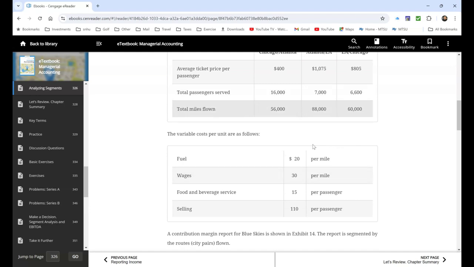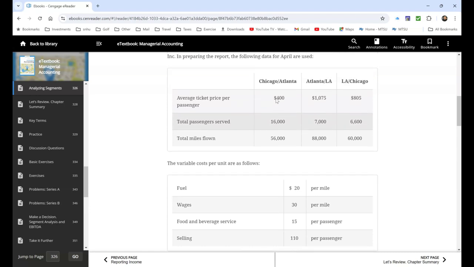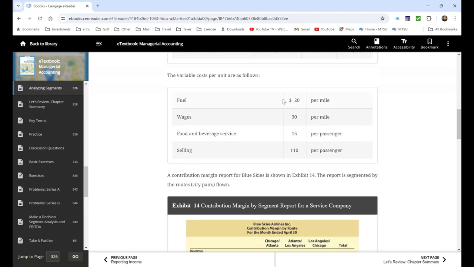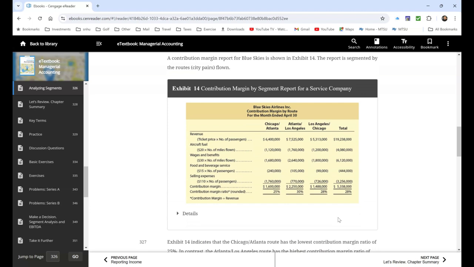We're going to have wages of $30 per mile. And then we have food and beverage and selling, which we multiply by how many passengers. And now you can see that the most profitable segment is going to be Atlanta to LA.